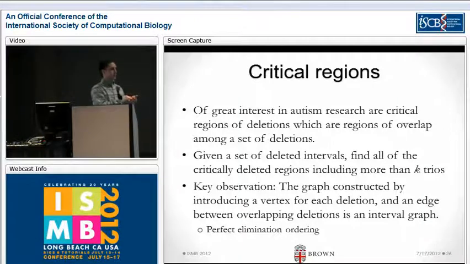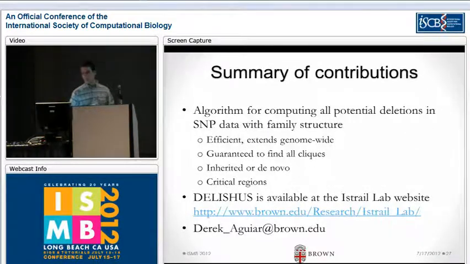So the problem statement is, given a set of deleted intervals, find all of the critically deleted regions that include more than K trios. The key observation here is you can construct a graph such that you have a vertex for each deletion and an edge between overlapping deletions. This graph is chordal, or triangulated, which basically just means we can construct a perfect elimination ordering, which allows us to find all maximal cliques really, really fast.